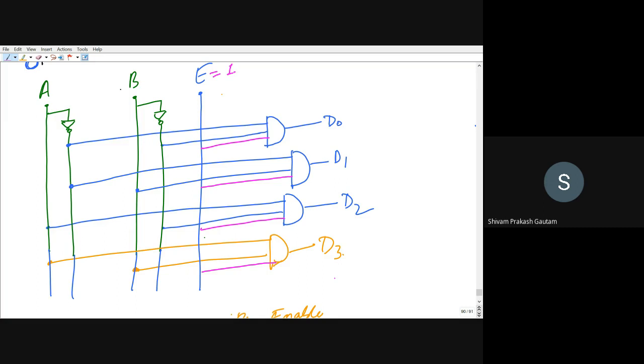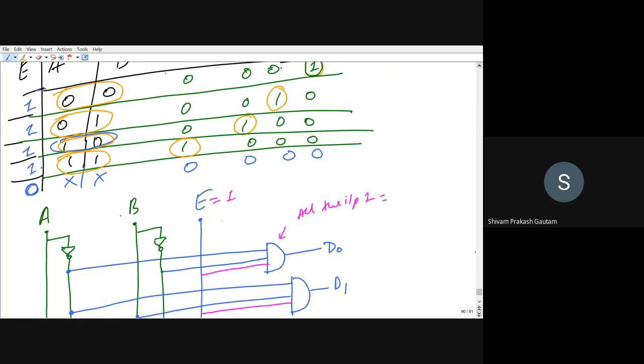And in an AND gate, all the inputs should be 1 to produce your D0, right? So if E is equal to 0, the output of the AND gate will always be 0. So therefore, this E should always be equal to 1. Is it okay?